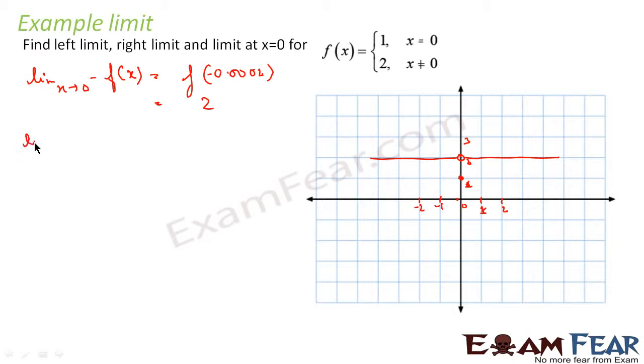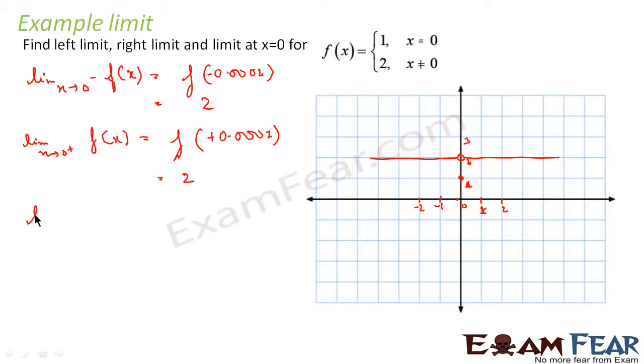Similarly, let's find the right hand limit, that is limit of x tending to 0 plus. We are approaching from the right side, so for f(x) we can assume this value as f of, let's suppose, plus 0.0001, or we can take plus 0.002 also, any value that is near to 0 and greater than 0. For this value also you see y is equal to 2.